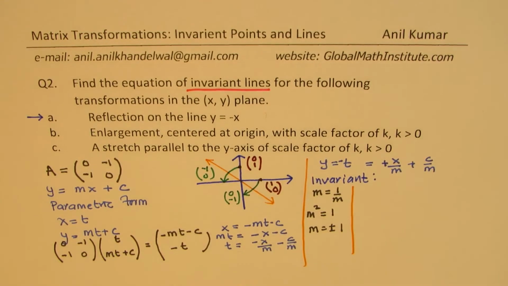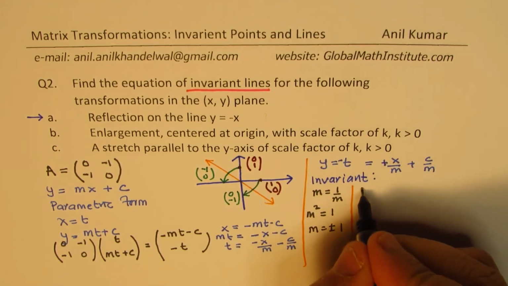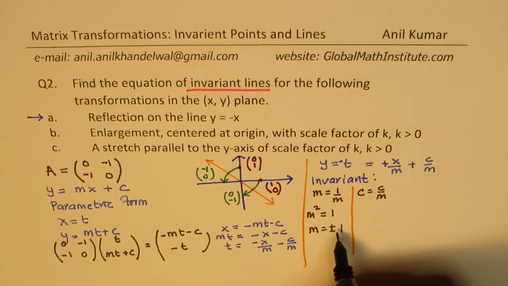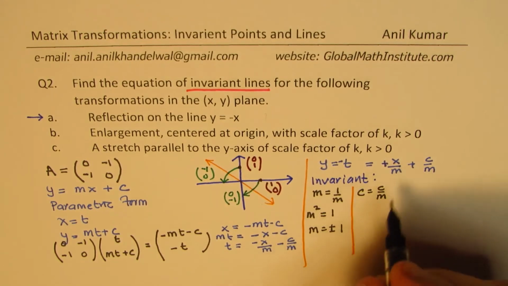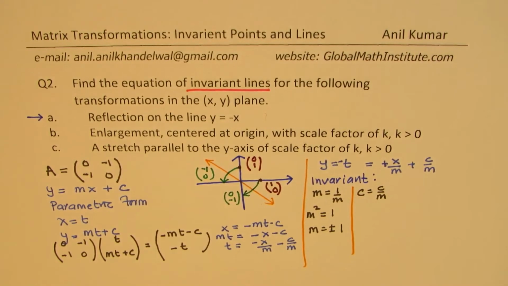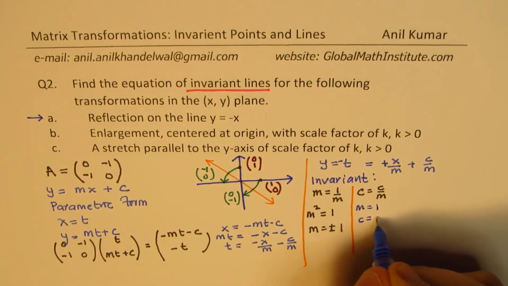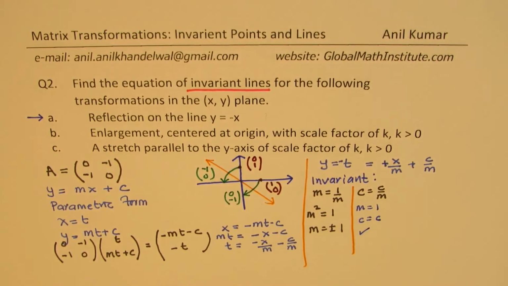And now let's equate the y-intercepts. The y-intercept c should be equal to c over m. And for m equals 1, so if m equals 1, c equals c. So that is always valid. Is that clear?